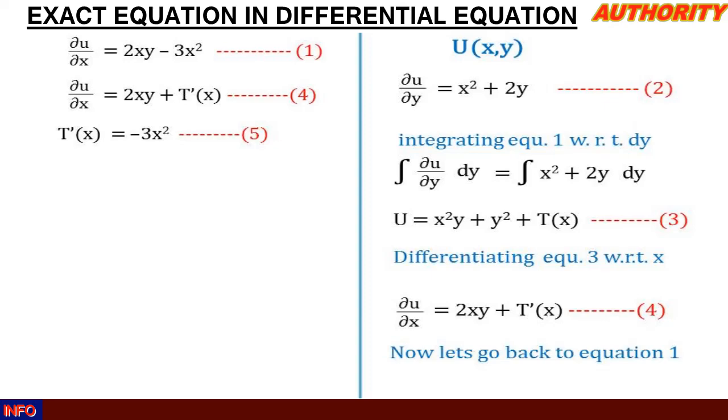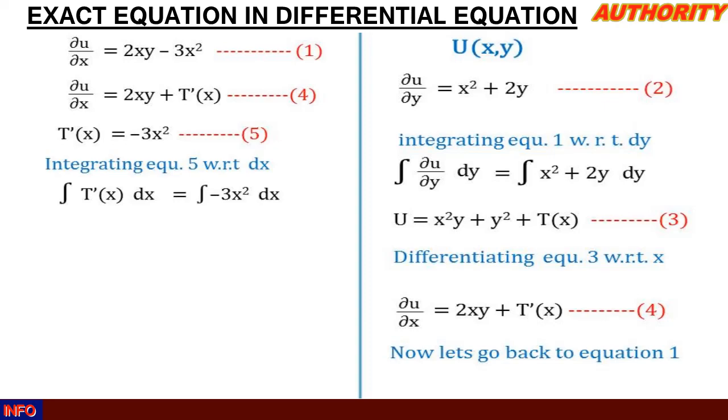To remove the derivative, we integrate with respect to x. So we're going to integrate equation 5 with respect to x: the integral of t prime of x dx equals the integral of minus 3x squared dx.